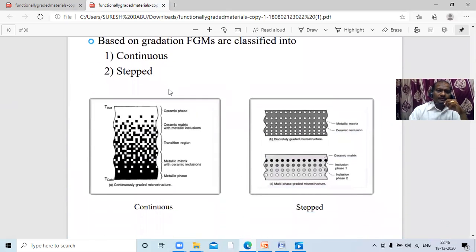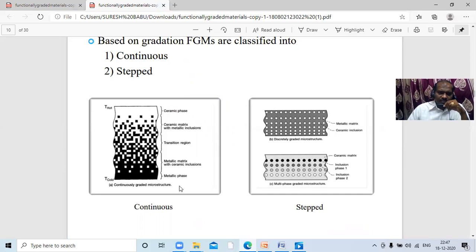Based upon how these are layered, one is called continuous and the second one is called stepped. I think you can clearly observe the differentiation. For a continuous one, it is mixing here like this.